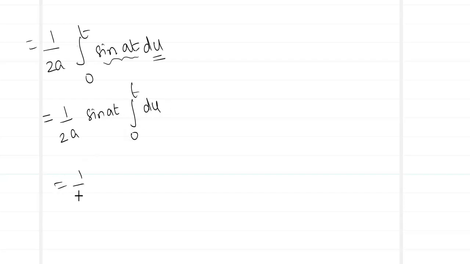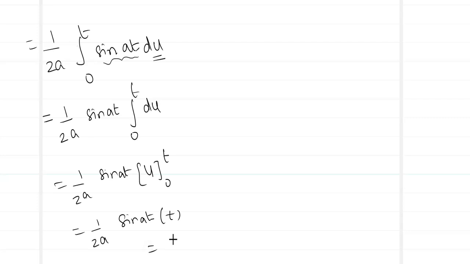We know that du on integration gives you u between the limits 0 to t. So this gives me 1 by 2a sine at, and upper limit minus lower limit will give me t. But by any chance don't multiply it with this t. So we can just bring it forward and write it as 1 by 2a t sine at. So this completes the first part.